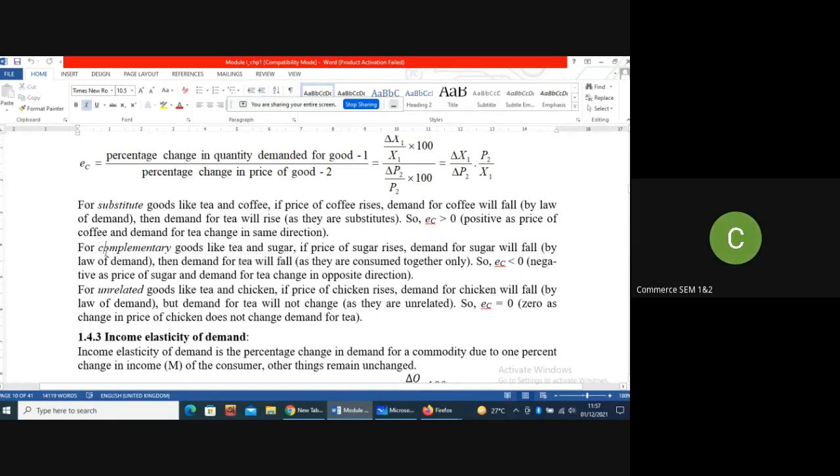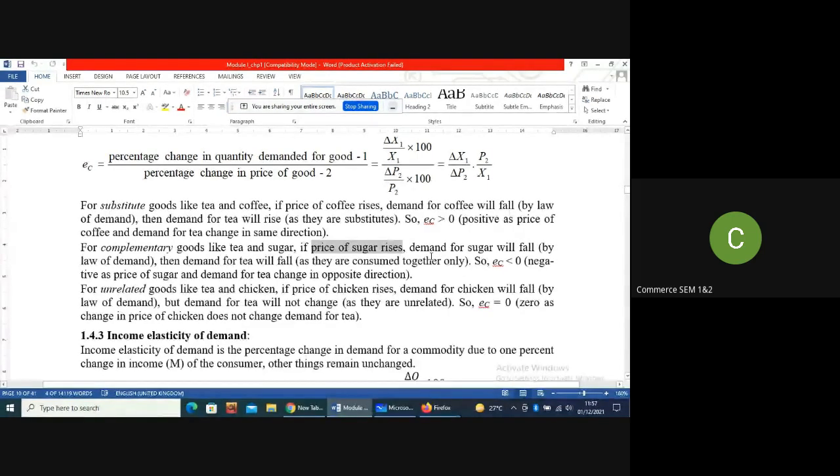For complementary commodities like tea and sugar, if the price of sugar, P2, rises, then demand for sugar will fall, and we consume tea only with sugar.